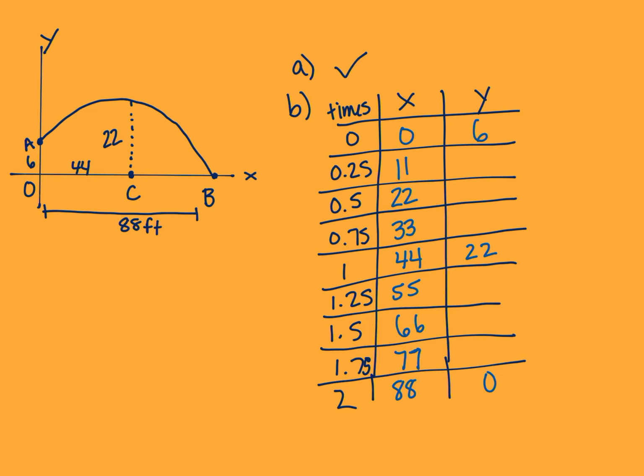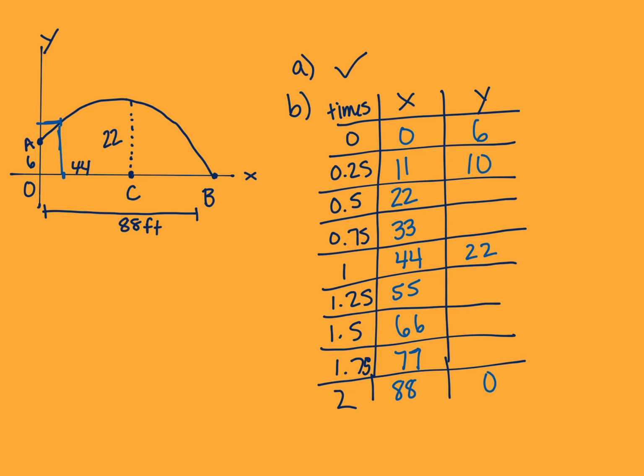And now we're going to look at where it would be at a quarter of a second. So if it was like 11 here, how tall is that? And so we know that it was originally 6, so we could say that at 11 it might be 8, 9, or 10 feet high. This is an approximation.